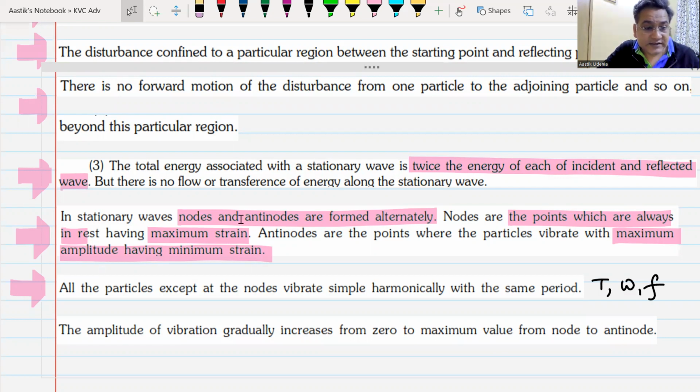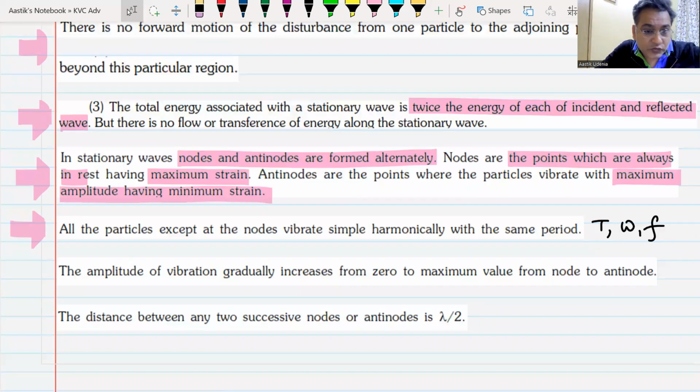The distance between any two consecutive nodes or between any two consecutive antinodes is lambda by 2. Do we understand this?